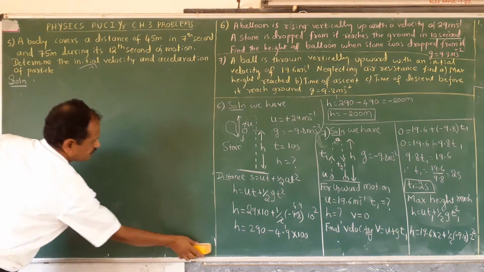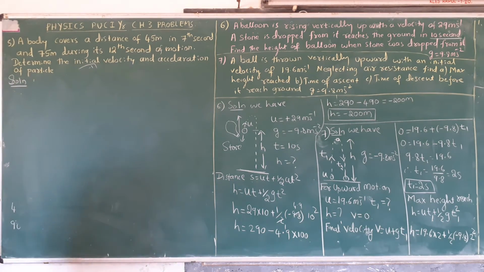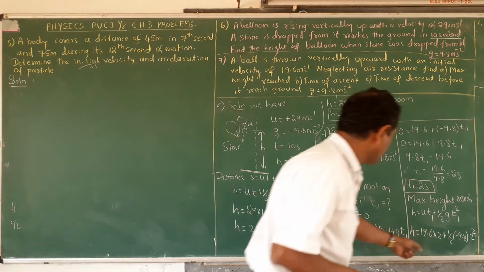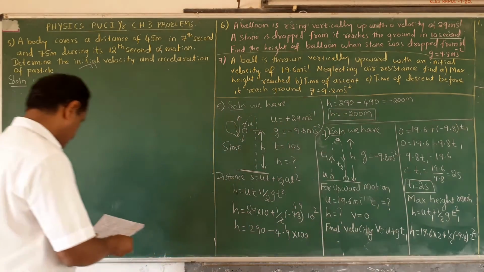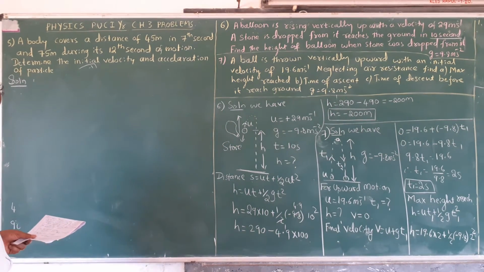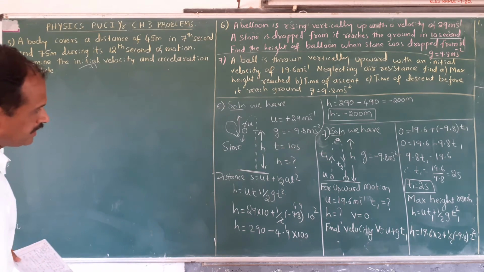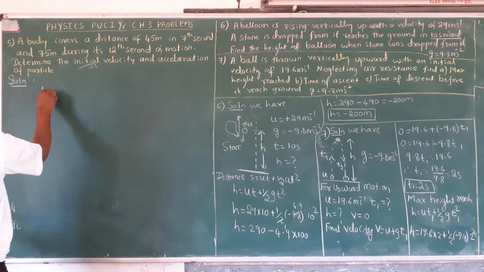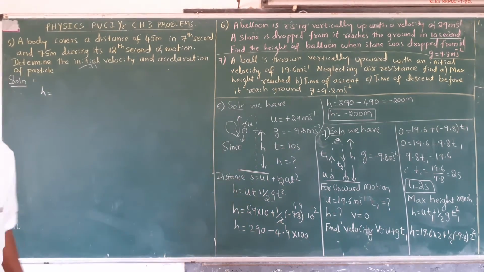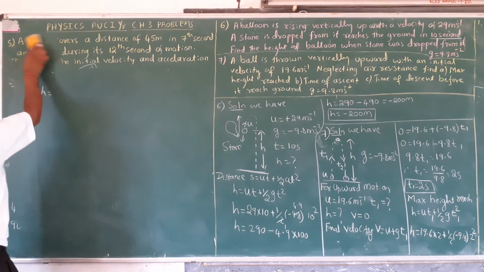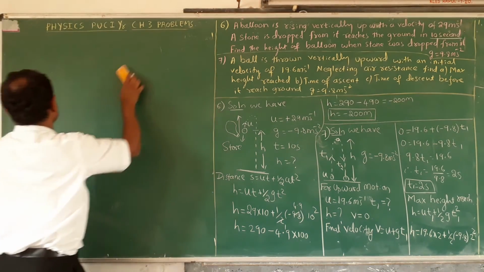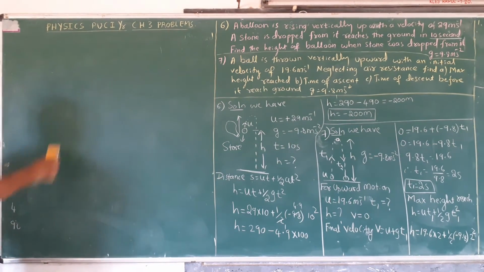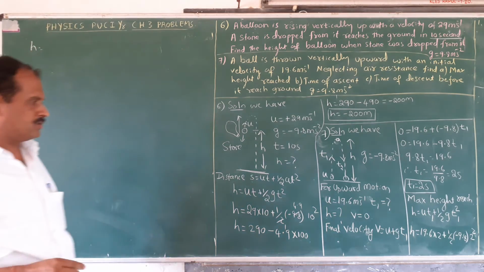19.6 into 2. How much is that value? Approximately 19.6 into 2. H is equal to 19.6 into 2.